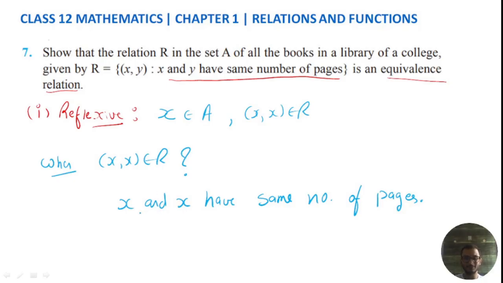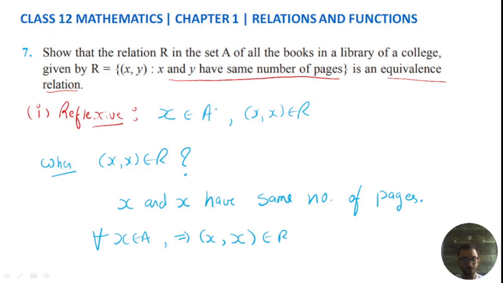So it holds that for every x belongs to A, we have x comma x belongs to R, which shows that the relation is reflexive. This is the definition of reflexive. This is what we have been doing for the last few videos.